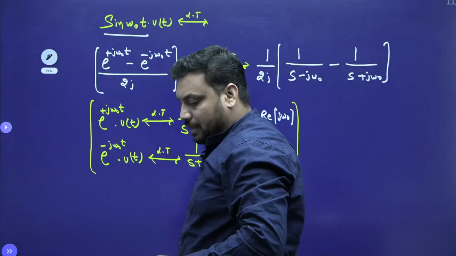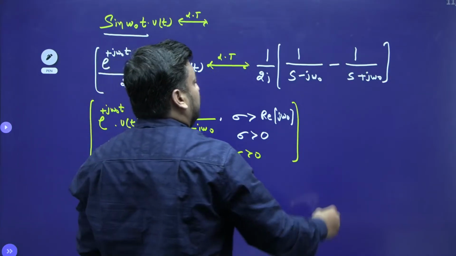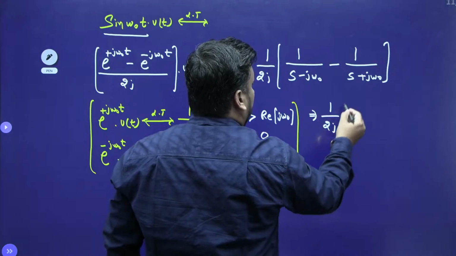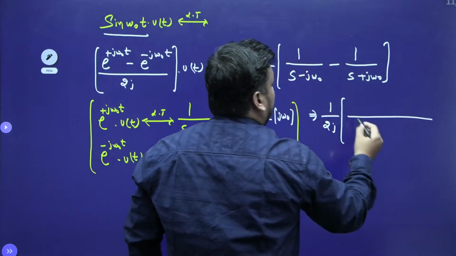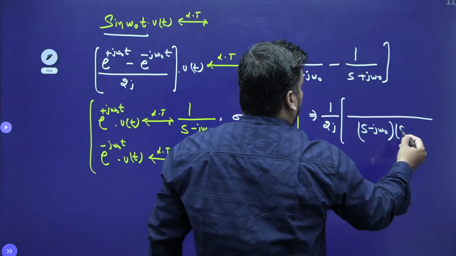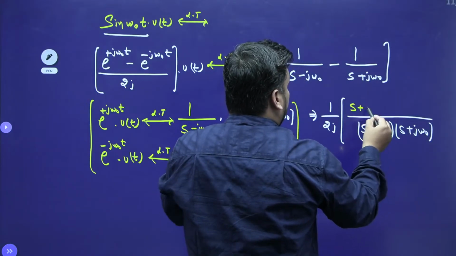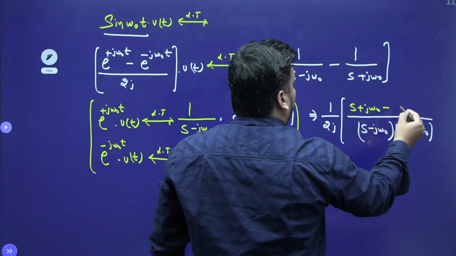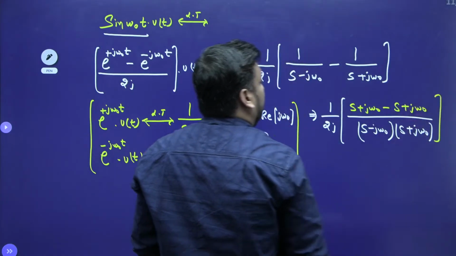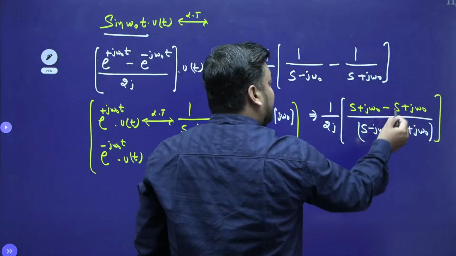All of you, do reply, beta, yes or no. If you are getting this, tell me the next step. 1 upon 2j is already outside the bracket. Here you will get a plus b, a minus b, so s plus j omega 0 minus s plus j omega 0, and s and s cancel out.